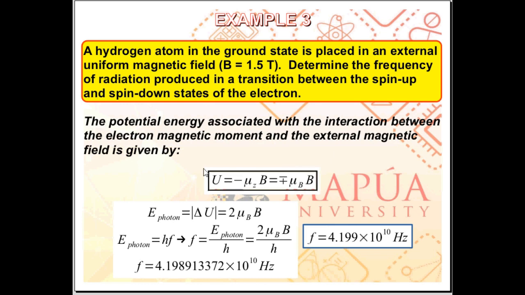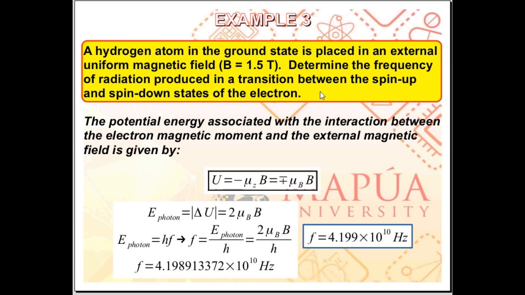Lastly, we have the following example. You have a hydrogen atom in its ground state. It is placed in an external uniform magnetic field B equal to 1.5 Tesla. Determine the frequency of radiation produced in a transition between the spin up and spin down states of the electron.